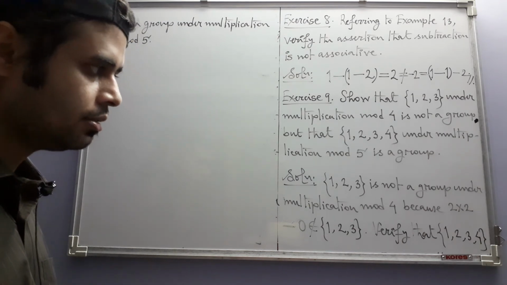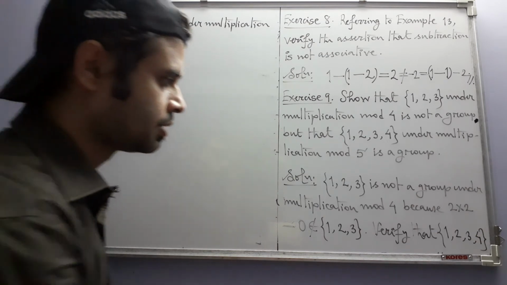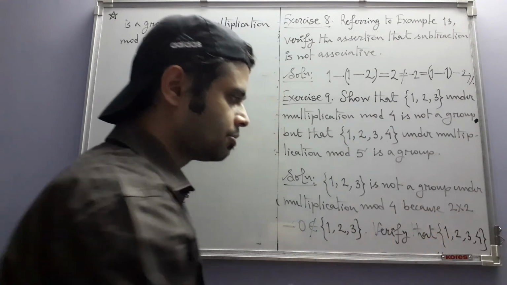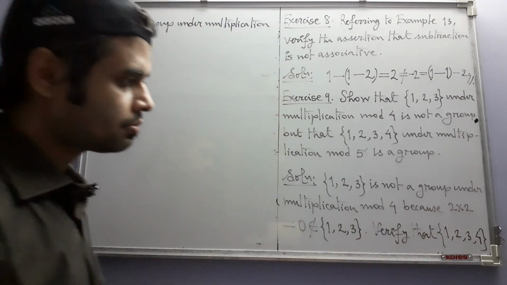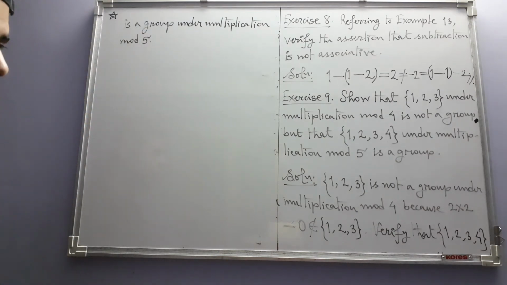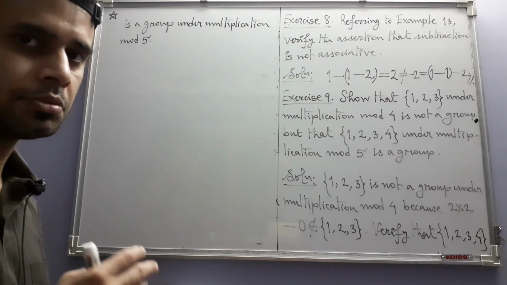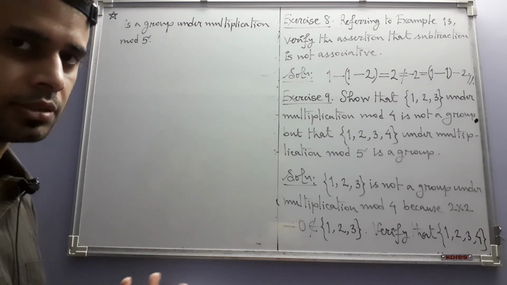And then finally you have to find the inverse of every element. The inverse of 1 will turn out to be equal to 1. The inverse of 2 will be actually equal to 3, because if you form the product 2 times 3, you get 6, which mod 5 is equal to 1, which is the identity.